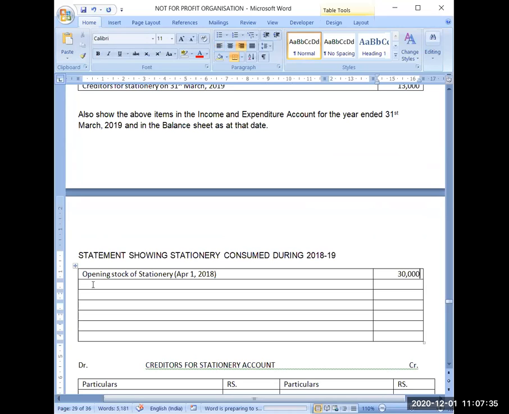Then we will add purchase made during the year.